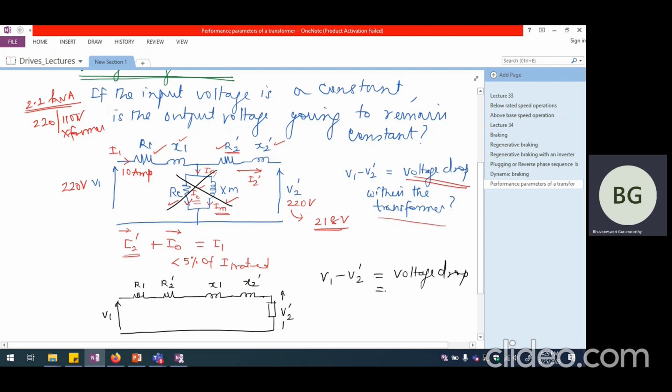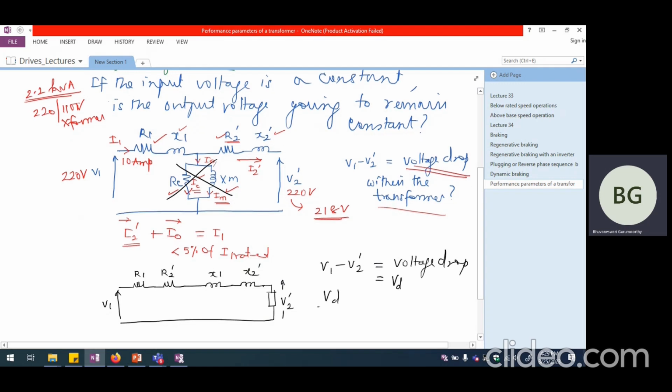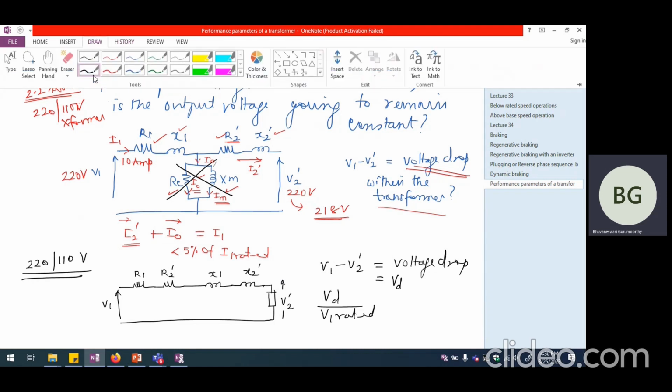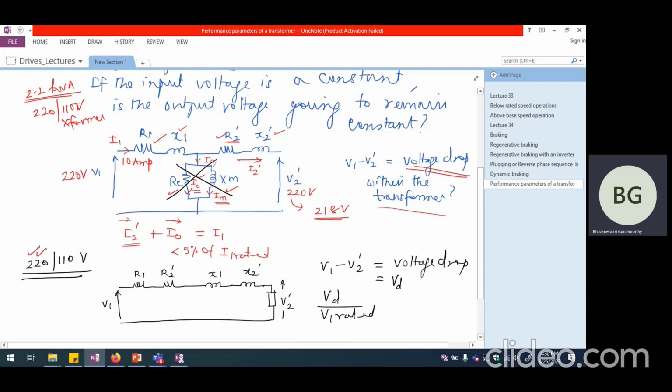Now, this voltage drop, if I may call this as VD, now VD divided by whatever is V1 rated or V2 dash rated. What we mean by V1 rated or V2 dash rated is if we are saying it is a 220 divided by 110 volts transformer, we expect the voltage to be staying put at 220 volts if I look at it from the primary side, and I want the voltage to be staying put at 110 volts if I'm looking at it from the secondary side.